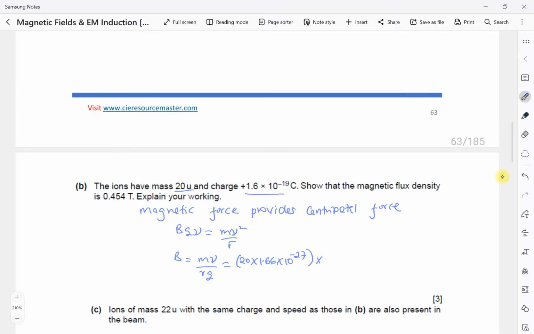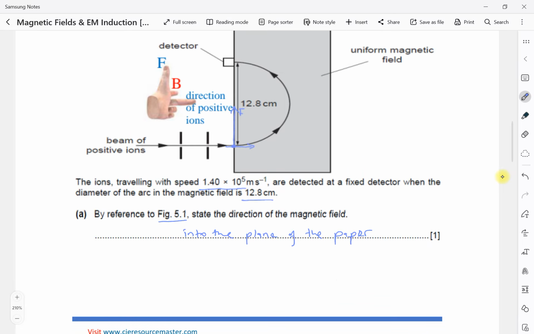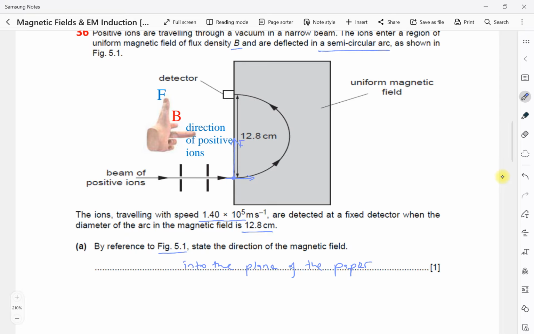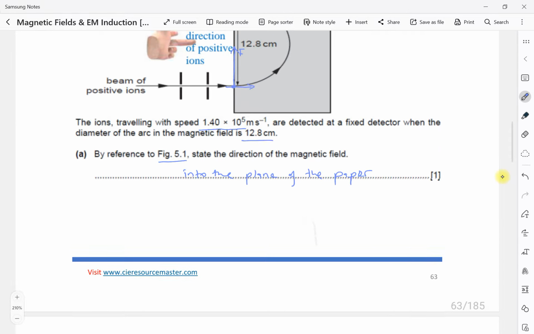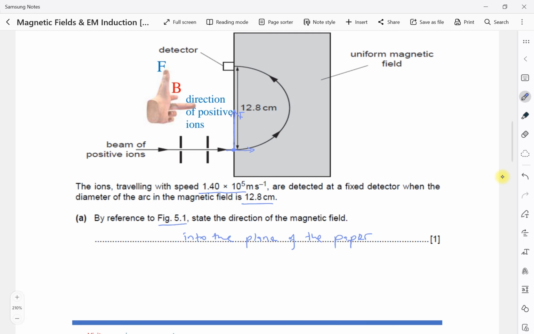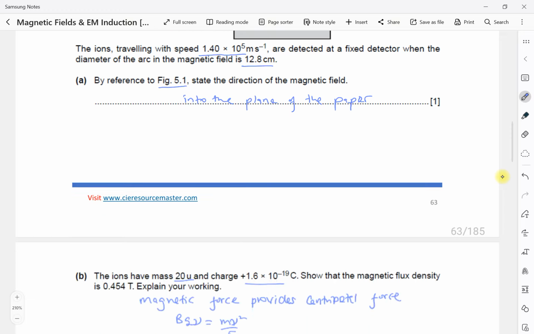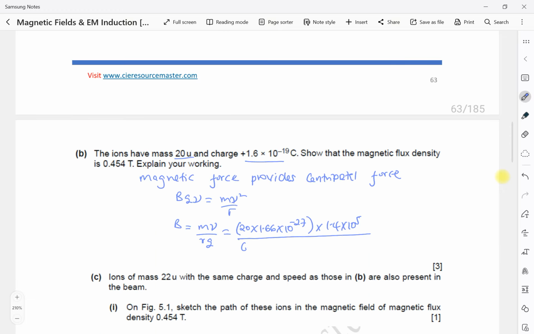Then V is 1.4 times 10 to the power of 5, then divide by R. The diameter is 12.8, so the radius is 6.4, so the radius is 6.4 times 10 to the power of minus 2. Then times Q, which is 1.6 times 10 to the power of minus 19.